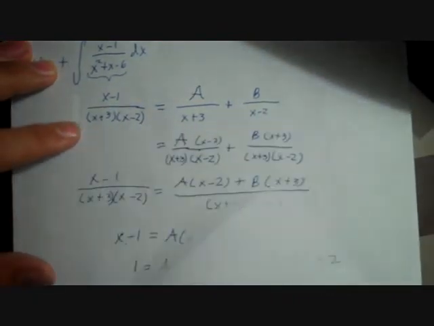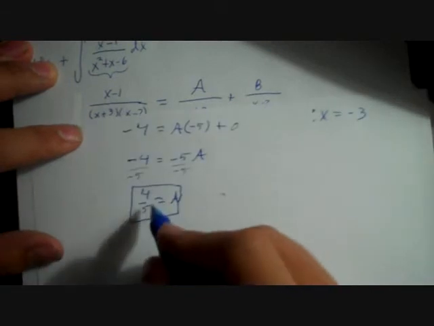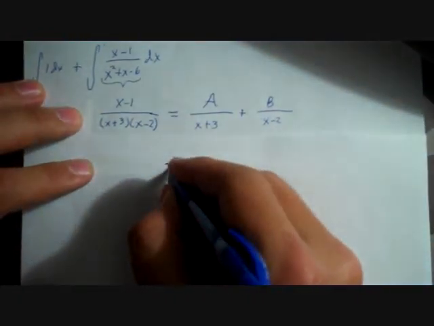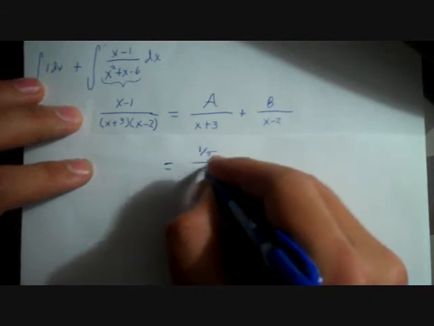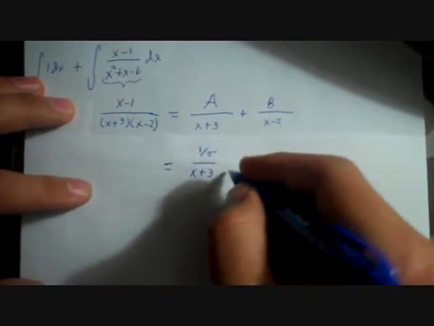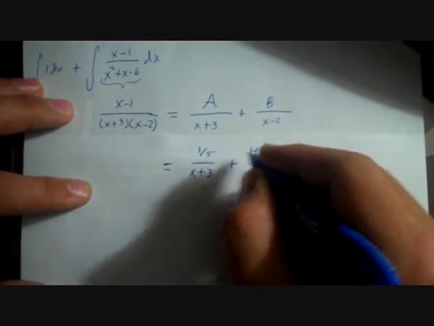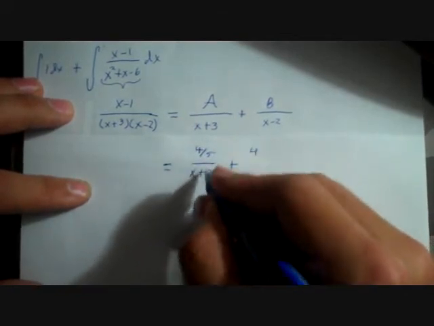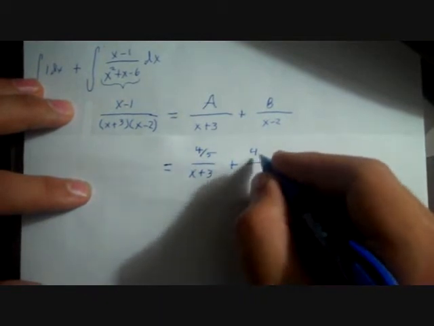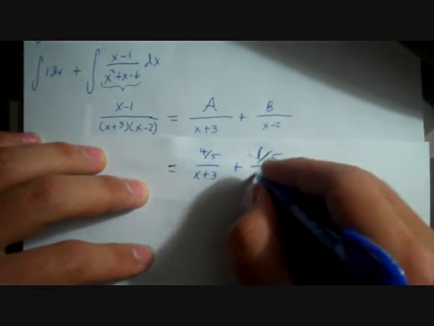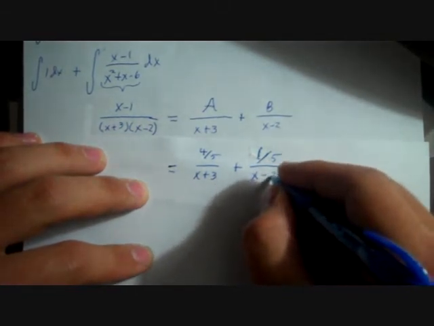So if a equals 4/5 and b equals 1/5, that would make this look like 4/5 over x plus 3 plus 1/5 over x minus 2.